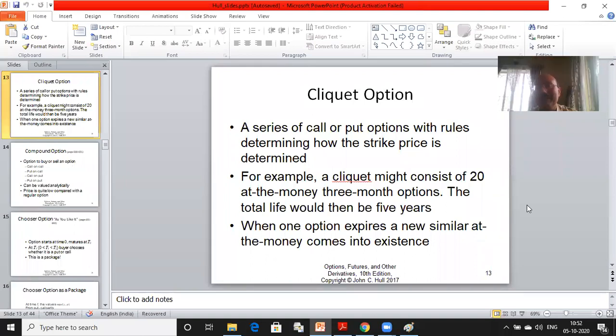What you need to remember is the basic principles, so that if I ask you that, okay, this is the option contract in the exam, you can find the price for it. So it is not a test of memory. It is a test of being able to apply the pricing models. Okay?